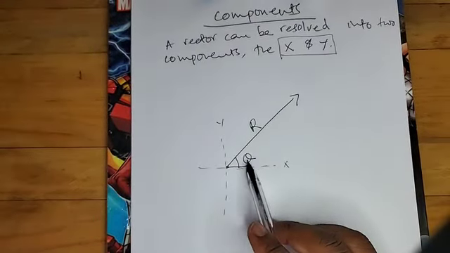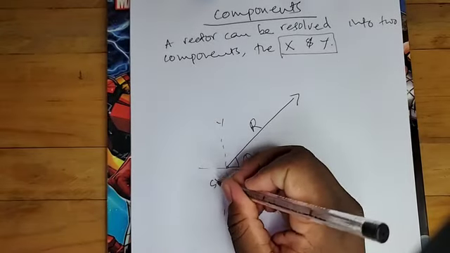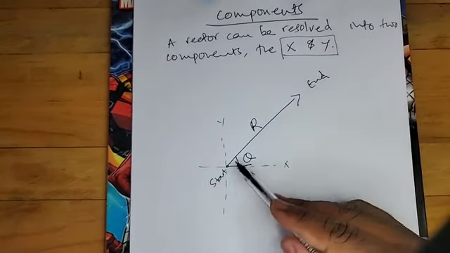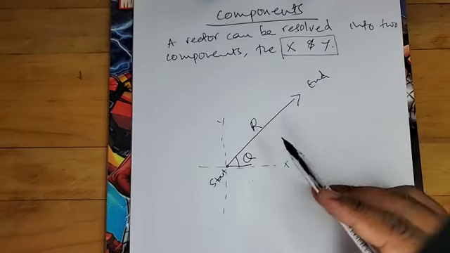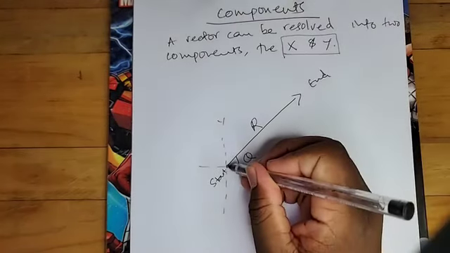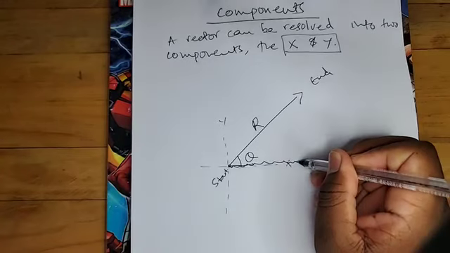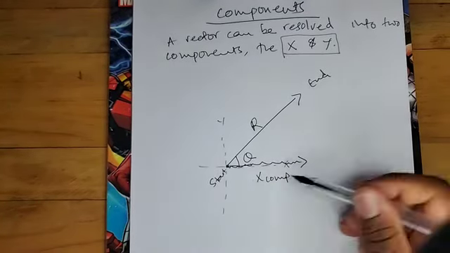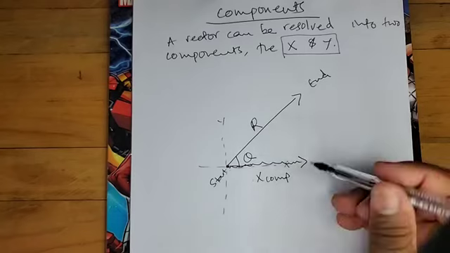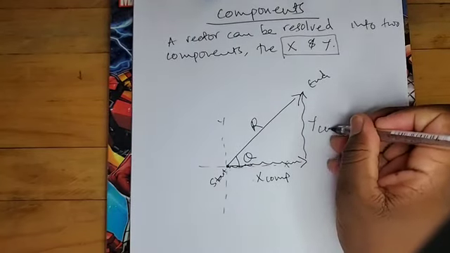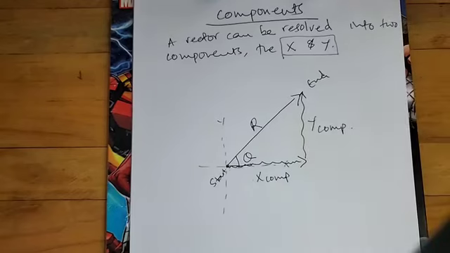To move from the start here up to the end, you could either go directly if you're moving along a certain angle, or you could move a certain amount in the x, which we call the x component. And once you move a certain amount in the x, you then move a certain amount in the y, which we call the y component.